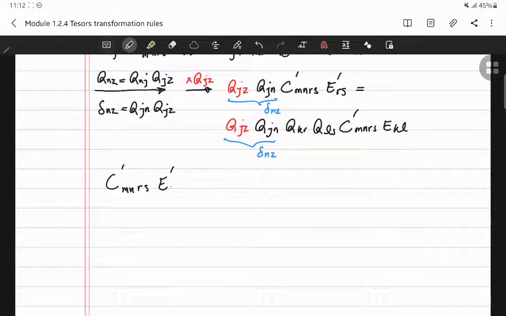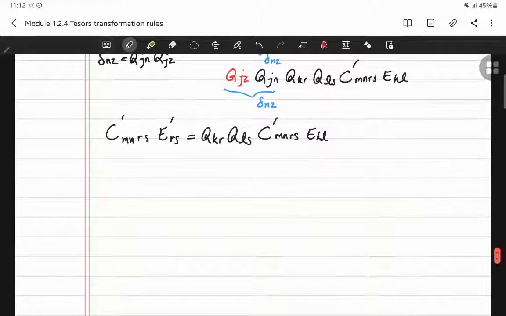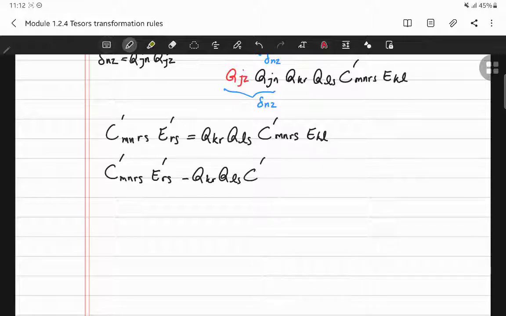So E prime rs is equal to Qkr Qls C prime mnrs Ekl. If I bring everything to one side, C prime mnrs E prime rs minus Qkr Qls C prime mnrs Ekl is equal to 0.